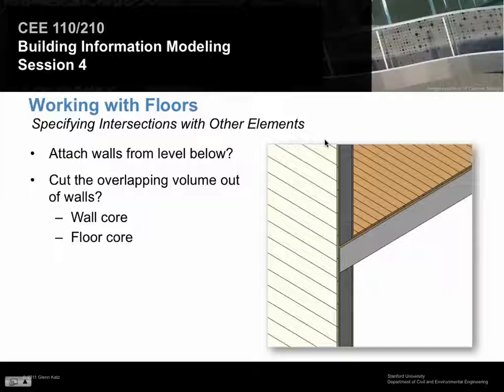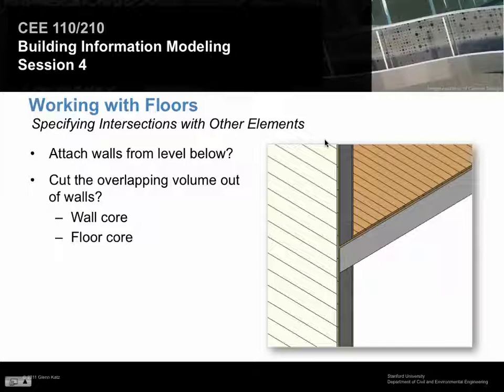And this diagram is actually a good illustration of what we're going to be getting to. When we have floors and walls intersecting with each other, there's this notion of what the relationship should be. This floor and this wall are defined in such a way that the edge of the floor is to the core of the wall. So the floor joists are coming up to the edge of the studs, but they're not actually penetrating out.